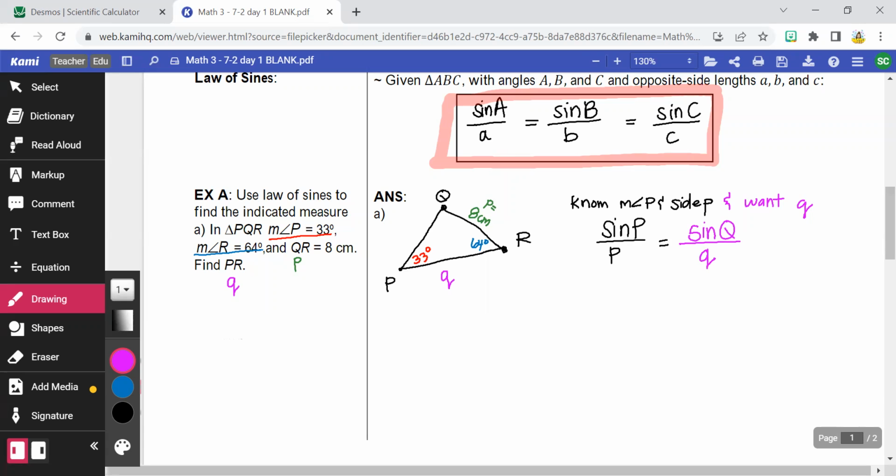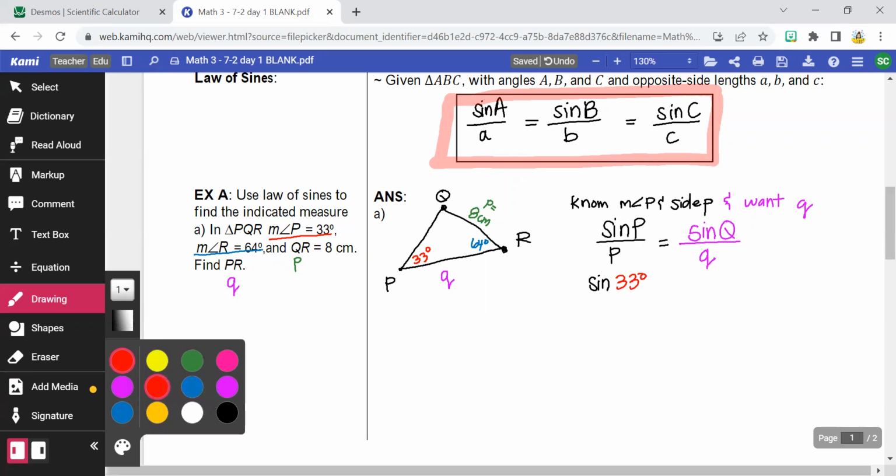Okay. So if we look at what we can plug in, we know measure of angle P. So we know that this is going to be sine of 33 degrees over side P was 8 centimeters. I'm going to leave out the centimeters for now.